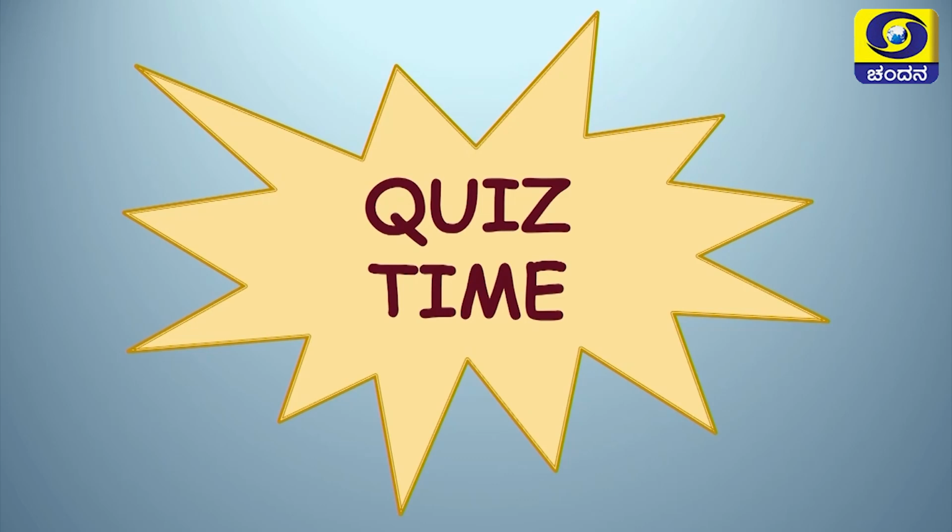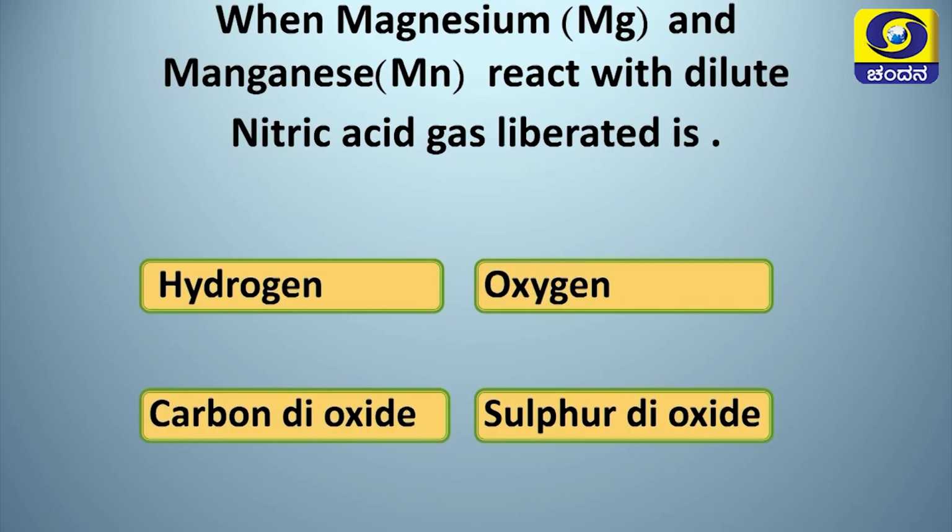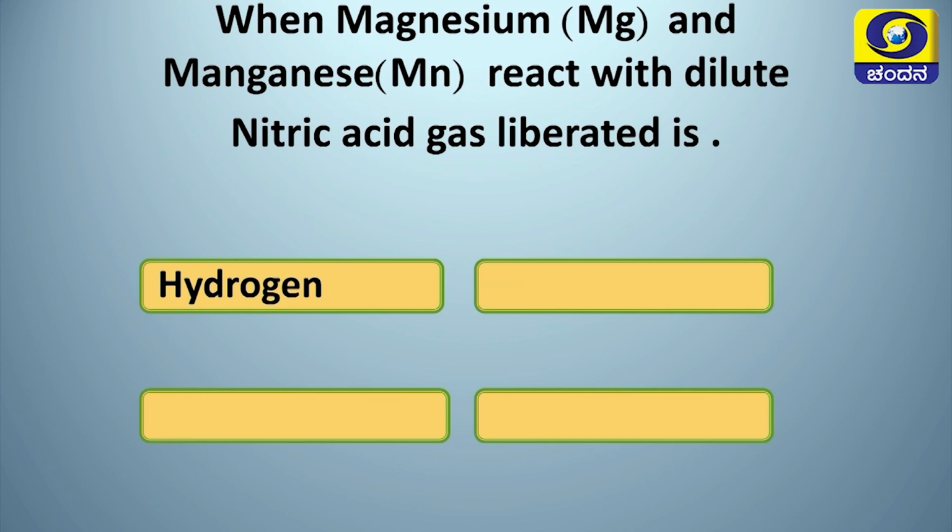Now children, let us have one quiz. It is your quiz time. Your first question: when magnesium and manganese react with dilute nitric acid, the gas liberated is hydrogen, oxygen, carbon dioxide or sulfur dioxide. Now think and answer which is the gas that is liberated in this reaction. The answer is hydrogen.